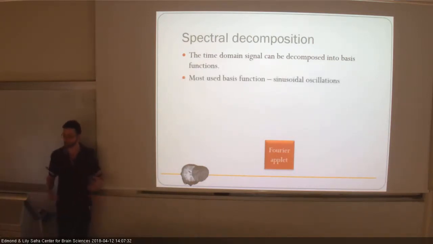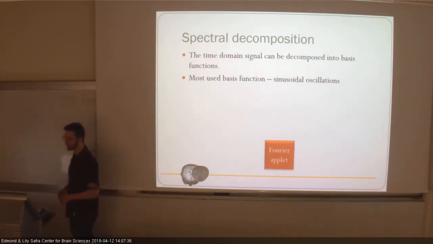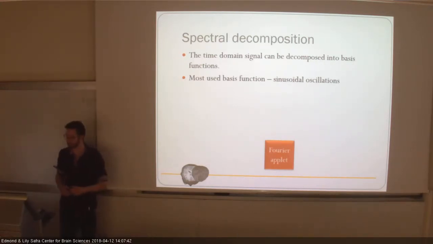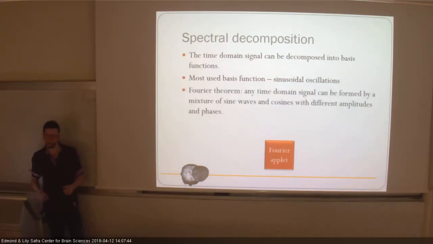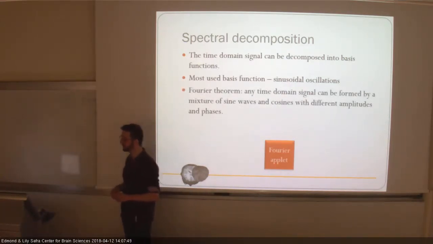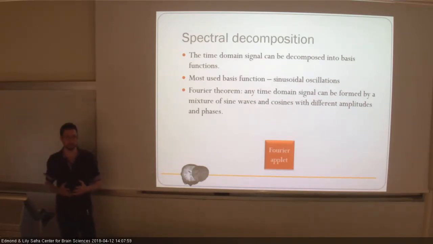Even though you probably know a few things about it and you've read the paper, I'm going to try to give you a bit more intuition about what it is that we're doing. The idea is that every time domain function can be transformed and represented as a sum of basis functions. In the case that we're talking about, these basis functions are sine and cosine functions.